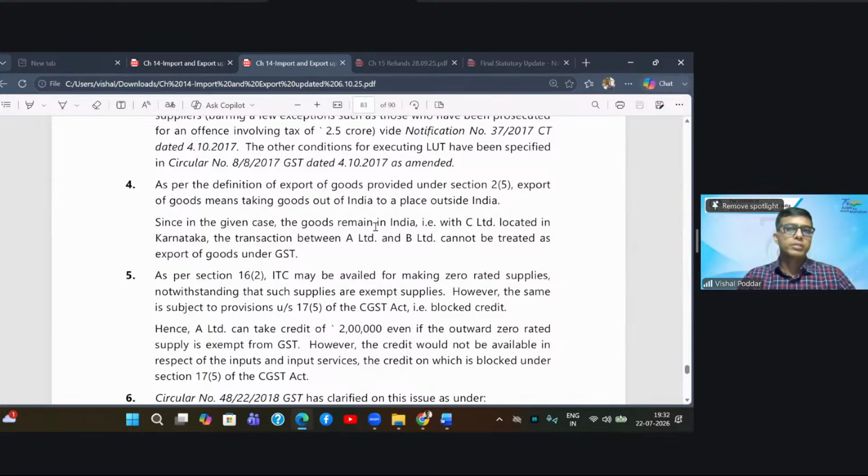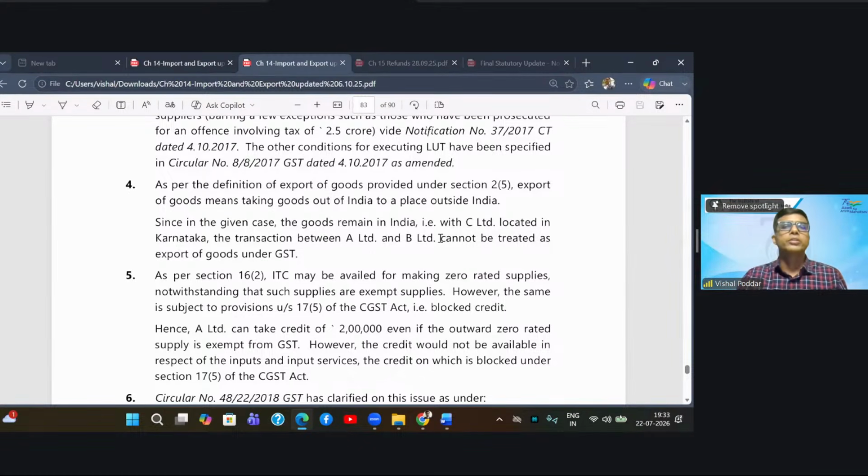Now, in the given case, since the goods are not going outside, that is, the goods are being transferred to C, which is in India, Karnataka, the transaction between A and B, because A has actually sold goods to B, the B has put a condition that A delivers the goods to C. So effectively, the transaction is between A and B, but on the instruction of B, A has delivered the goods to C. So it is like a bill to ship to transaction where you are billing to a foreign country but shipping to an Indian company only.